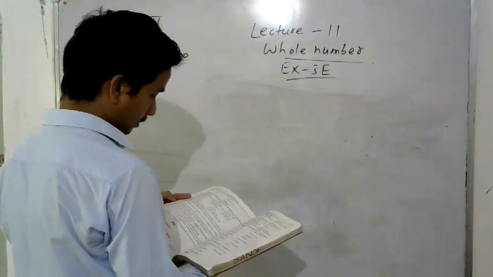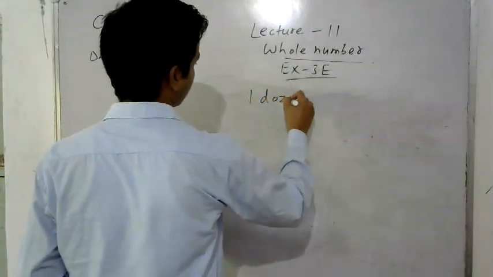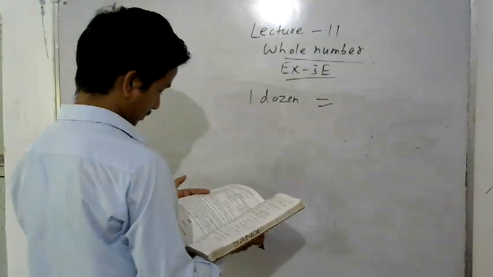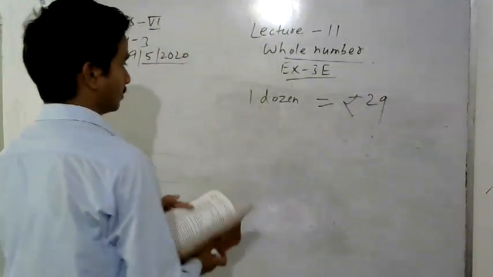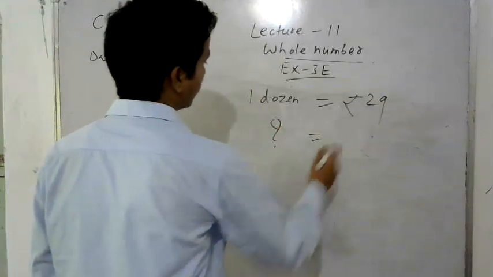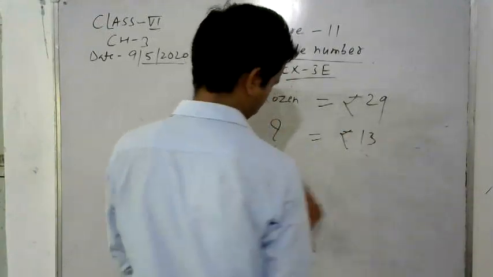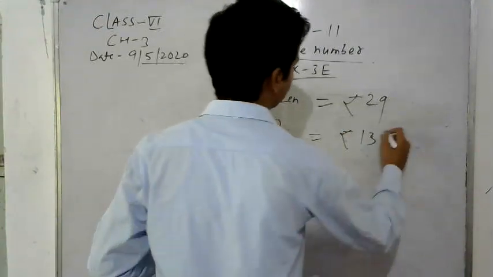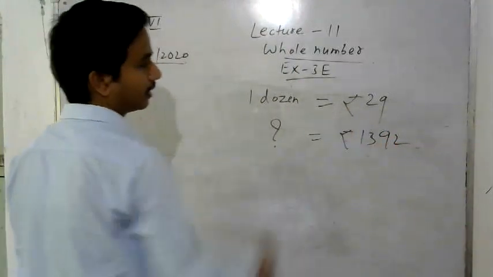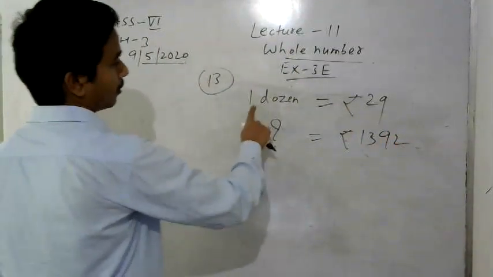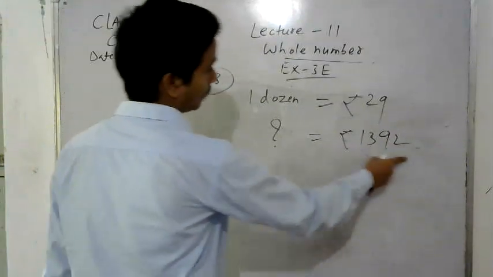How many dozens can be purchased for rupees 1392? Cost of 1 dozen banana is rupees 29. This is question number 13. Cost of 1 dozen banana is rupees 29. Then how many dozen bananas can be bought for rupees 1392?